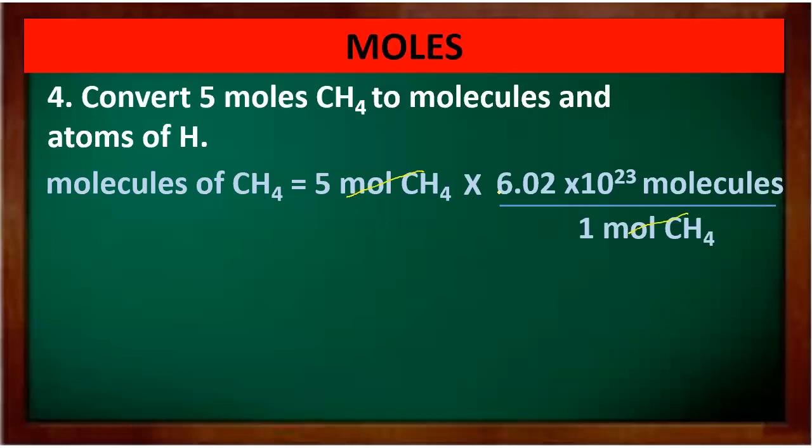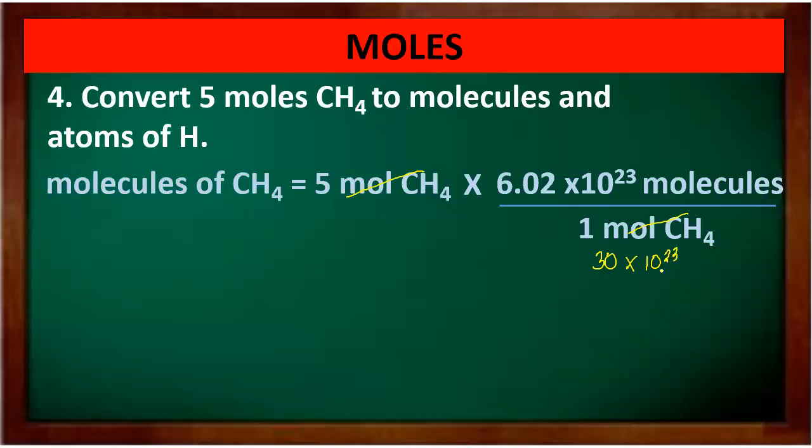So when you multiply 5 by 6.02, the answer is actually 30. Okay, that is round up na lang natin. Okay, so 30 times 10 to the power of 23.